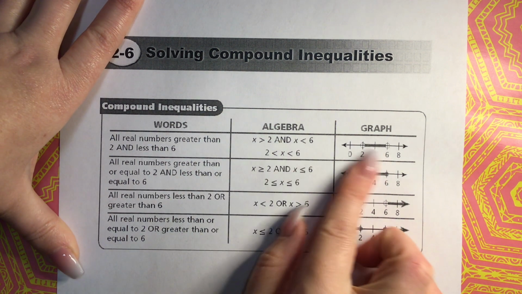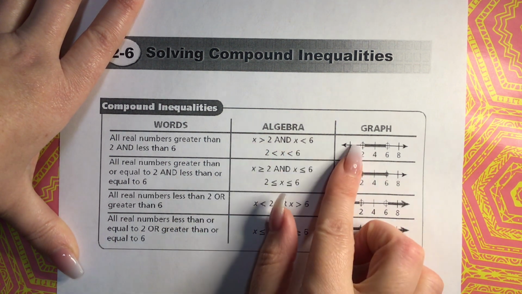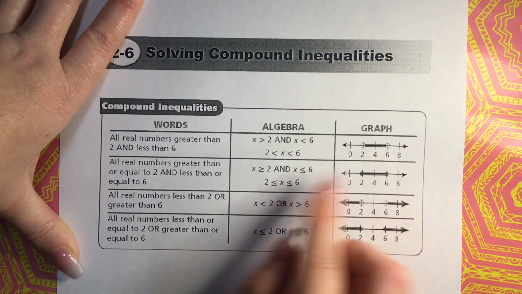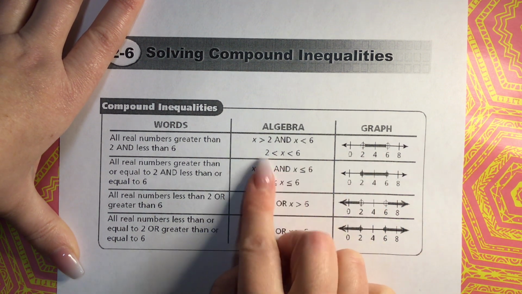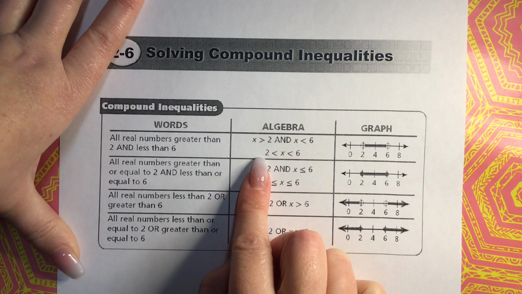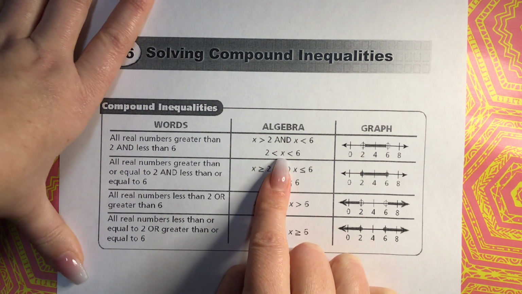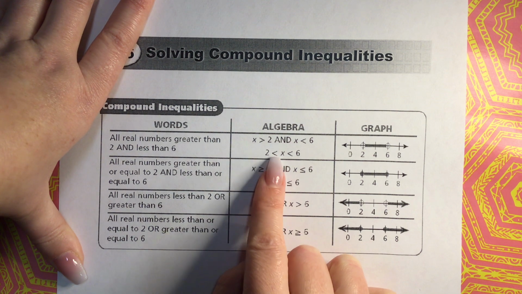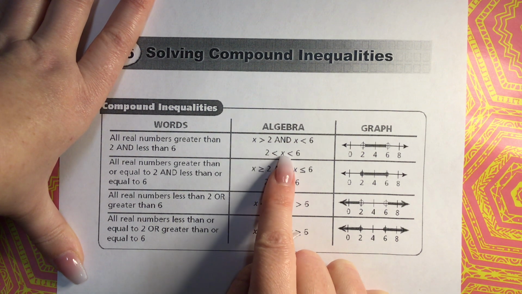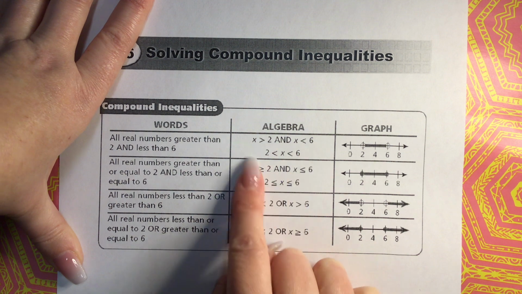And look, there's our and picture right there. You'd have both open circles at 2 and 6. This is how you write it. You write the smallest value here, 2, and then the biggest value here, 6, and x is in the middle. So you can say x is greater than 2 and x is less than 6.